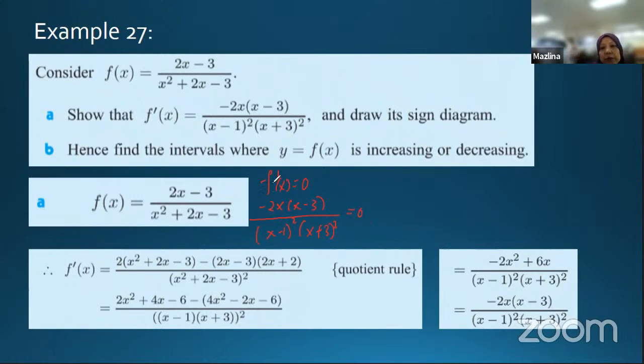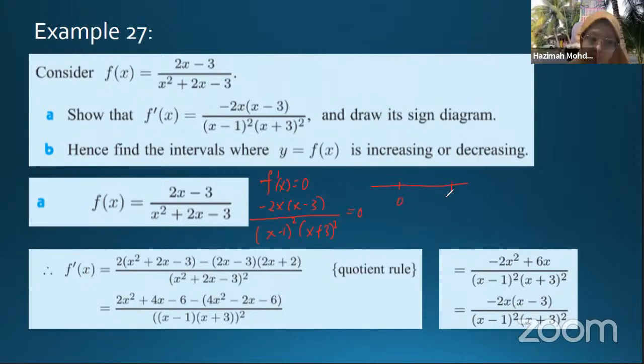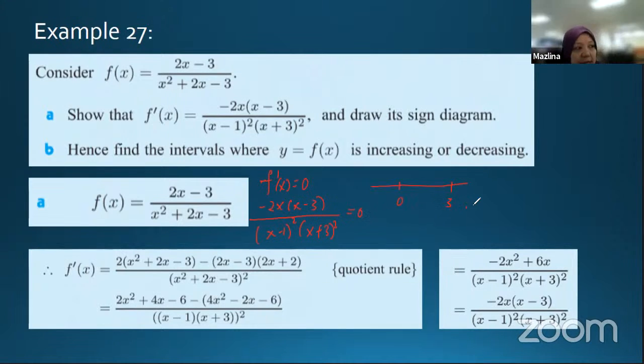The idea of equating f prime to 0 is to find the stationary point. Therefore, as I said just now, this whole thing you multiply with 0, so what is left? We have only 0 and 3. Now class, let's plot for a moment.